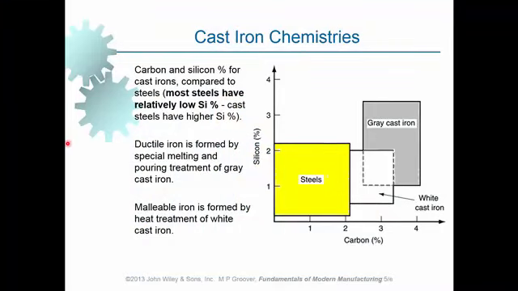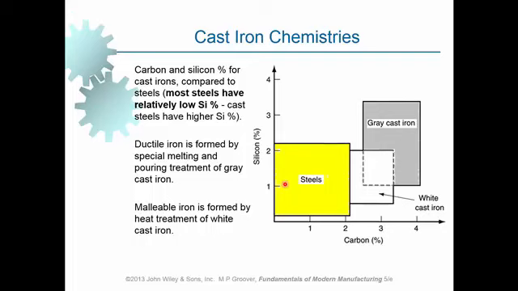There are some points that are listed in this slide here. Most steels have relatively low amounts of silicon. Why is this? In the steels we have lower amounts of silicon because if there is a lot of silicon in it, it acts as a barrier against the formation of cementite, Fe3C.